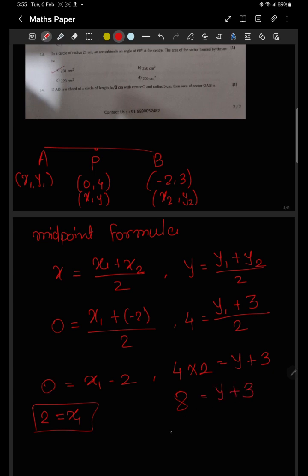This positive 3 while shifted to LHS will change its sign, it will get subtracted. So my y is equal to 5. So I got the coordinate of A, x comma y, x1 comma y1, is nothing but 2 comma 5.